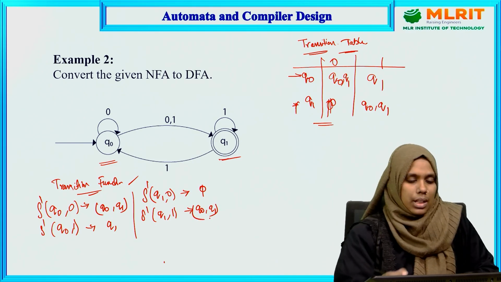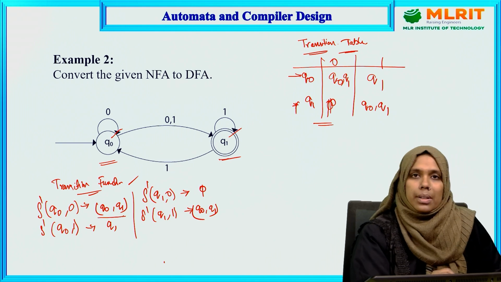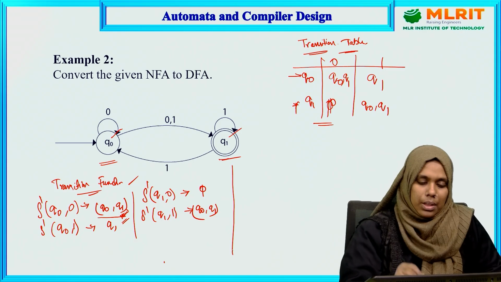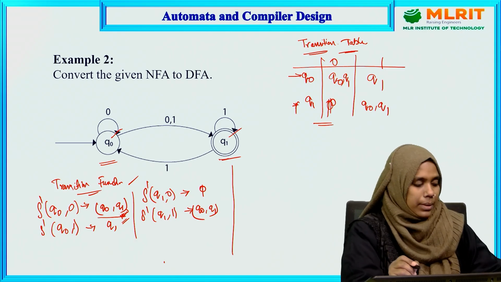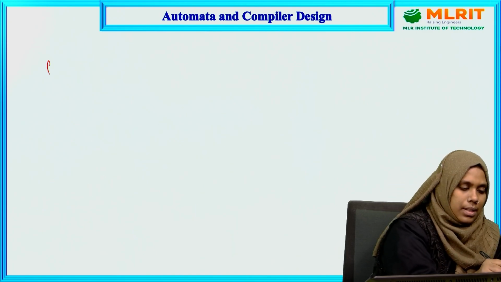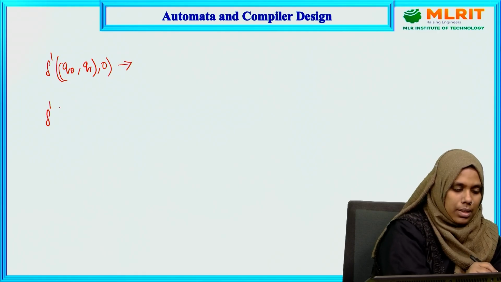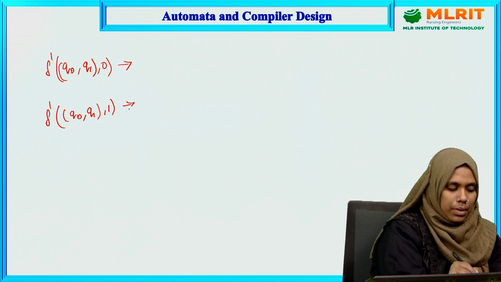Now here you can see how many states we have. Actually two states. Apart from that, here we got a new state, that we can write as the new state. Now what do we have to do according to that? We have to find the transition for the new state. Yes, so we can write transition of q0 comma q1 of 0. Next, transition of q0 comma q1 of 1.